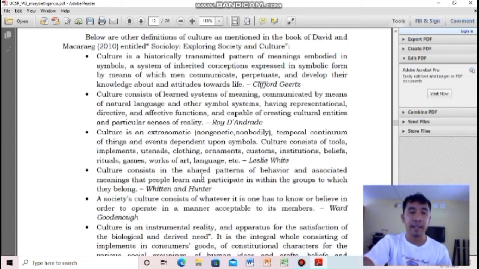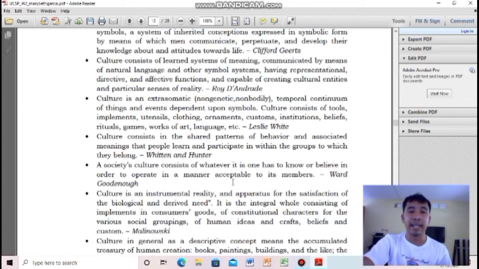Okay, next is, according kay Whiten and Hunter, culture consists in the shared pattern of behavior and associated meanings that people learn and participate in within the groups to which they belong. Patterns ng behavior or mga pamatasan, attitudes naton, tantan ng mga practices naton, wherein we learn, no, and participate, no, together with other members of the society.